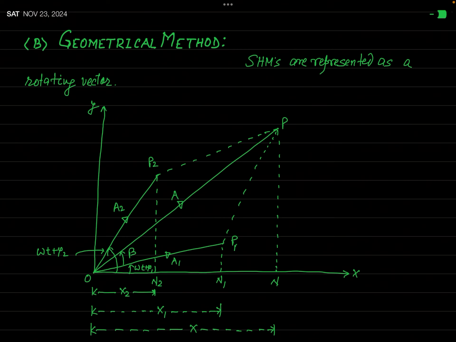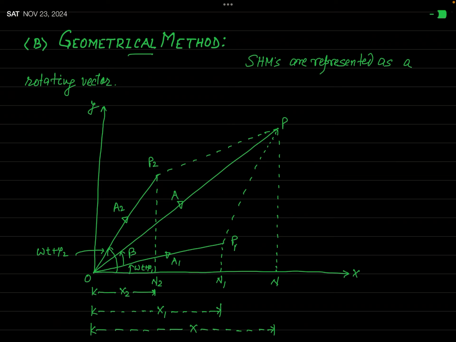Now we are going to see another method for the same problem. This is called the geometrical method. Here vector addition of amplitudes will be considered. In fact, you have seen in my previous video that SHM can be represented by a rotating vector.